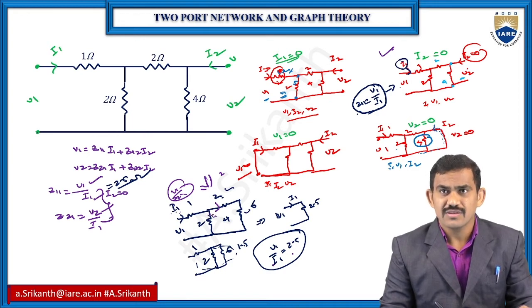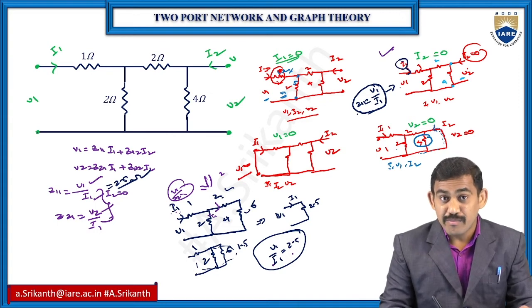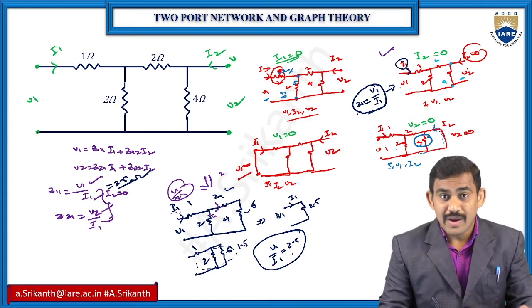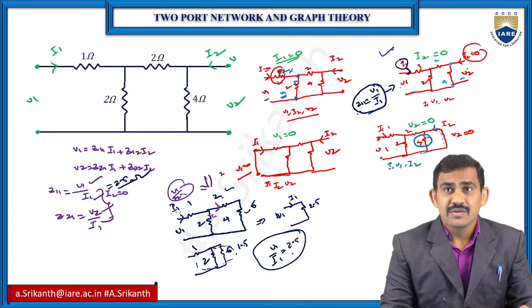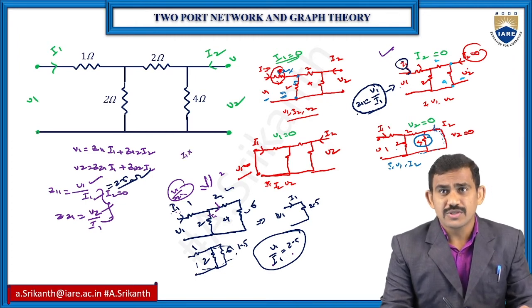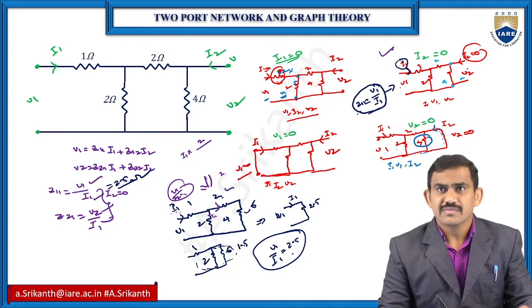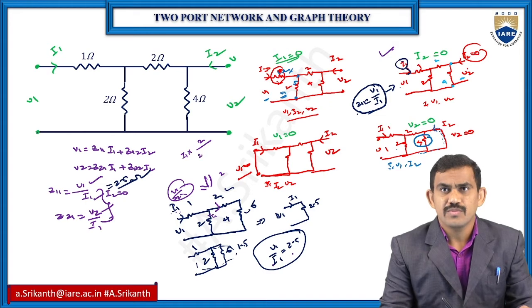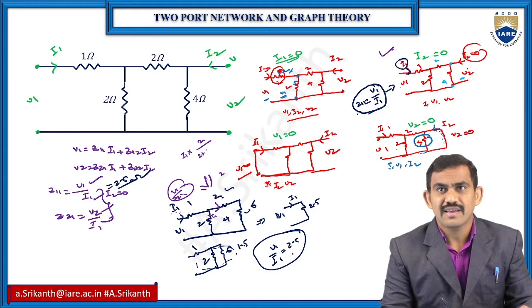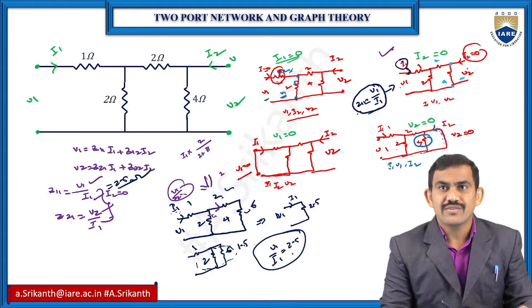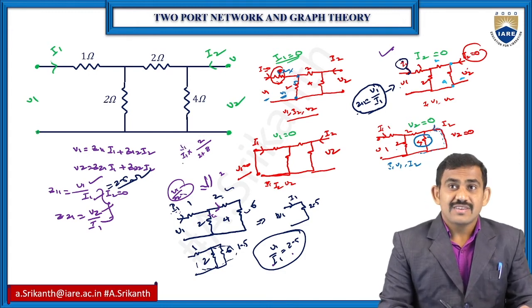I know the I1 value, so we get this branch current: I1 into the opposite resistor, that is 2 ohms, by your total resistor, 2 plus 6, which is 8. Just substitute the I1 value, so we have I1 into 2 by 10.